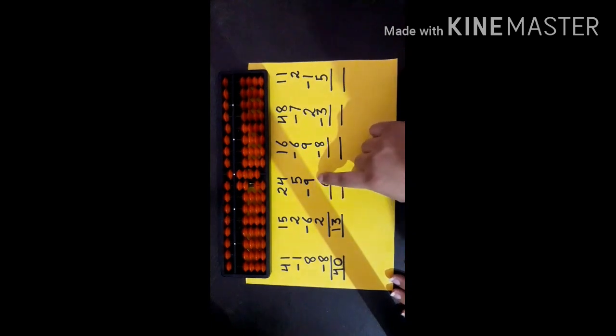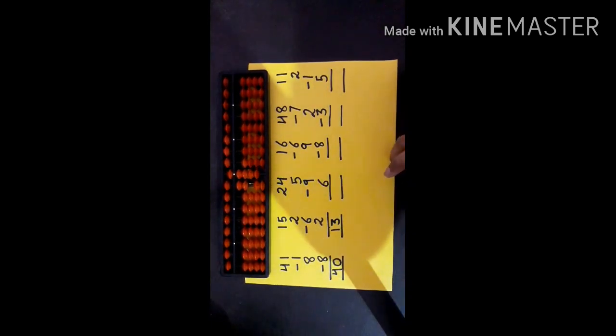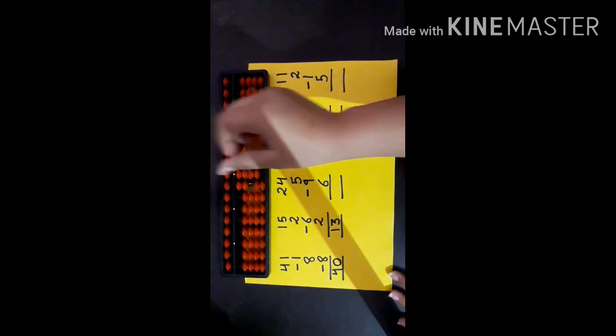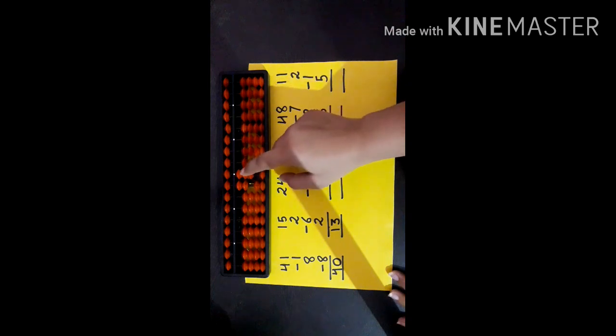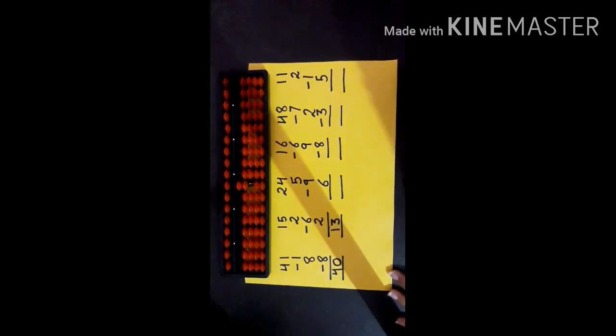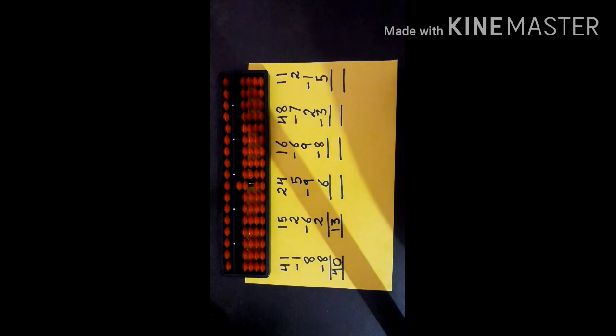Now minus 9. For 9, again you have to use the bead 5. So minus 9 means 5, 6, 7, 8, 9. See students, I have used the 5 also and the lower beads also.